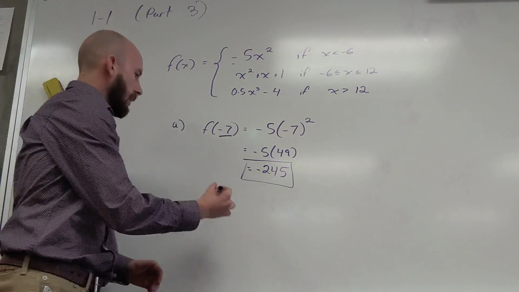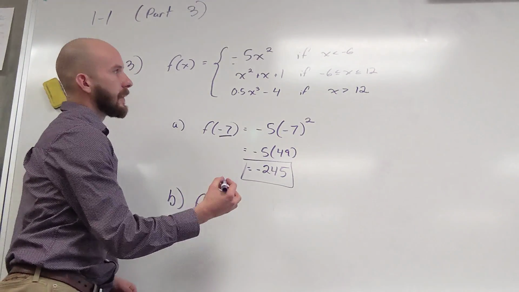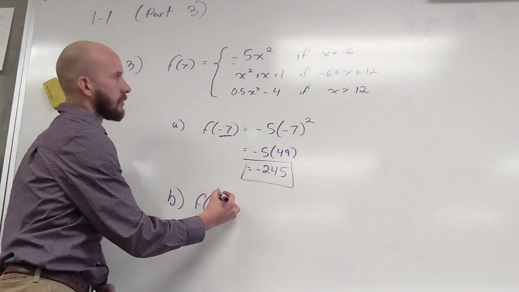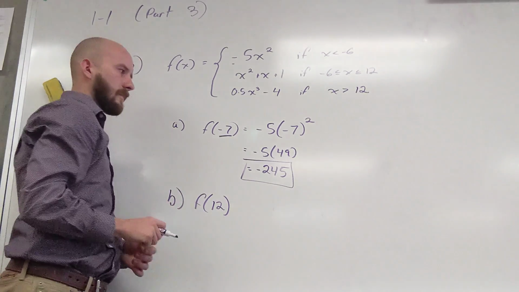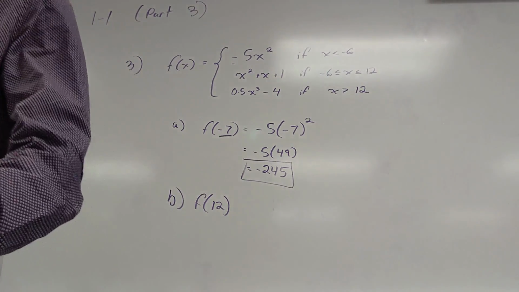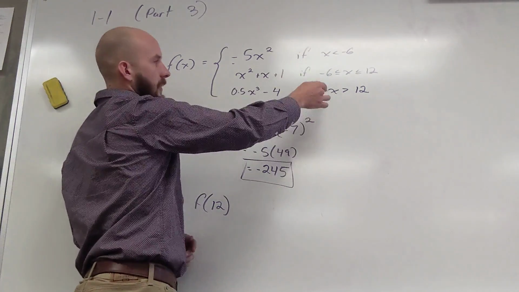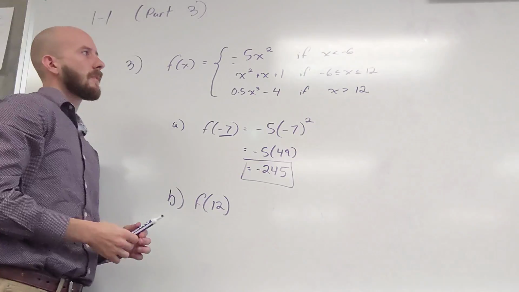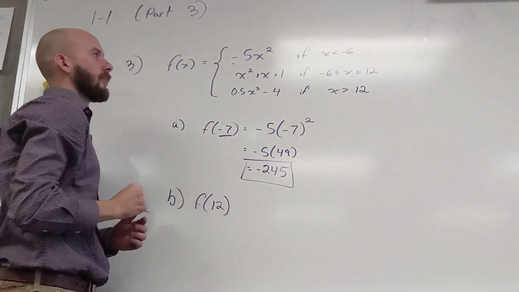Okay. And for part B, we're going to do f of 12. So if my input is 12, well, which one of these three is it going to go in? The middle, the second one, where it's less than or equal to 12. It can't go in the third one.